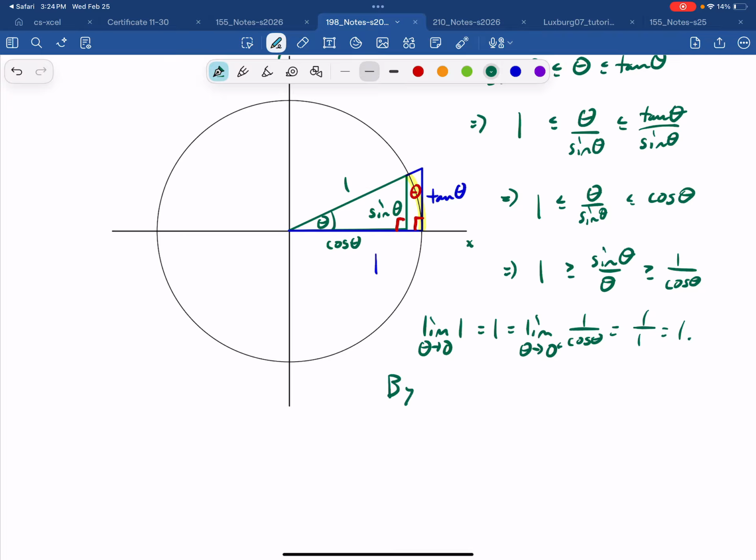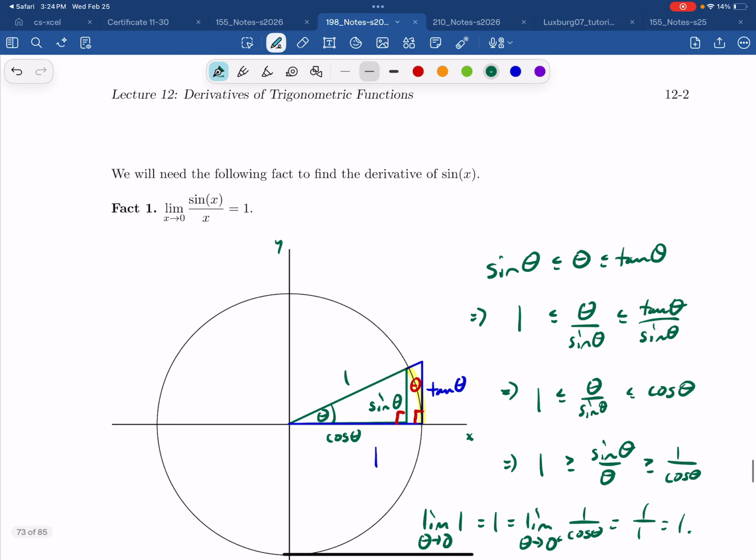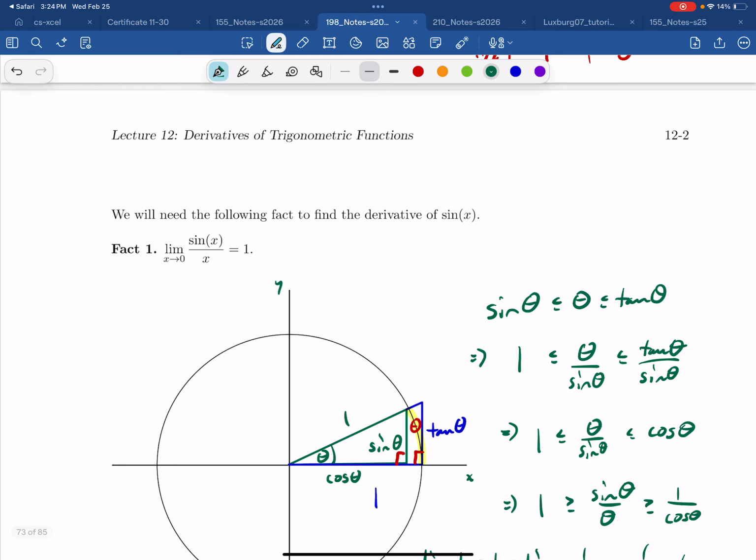So by the sandwich theorem, the limit as theta approaches 0 of sine of theta over theta equals 1. And if you just substitute in an x for a theta, you get that. So we'll just remember that that's true.